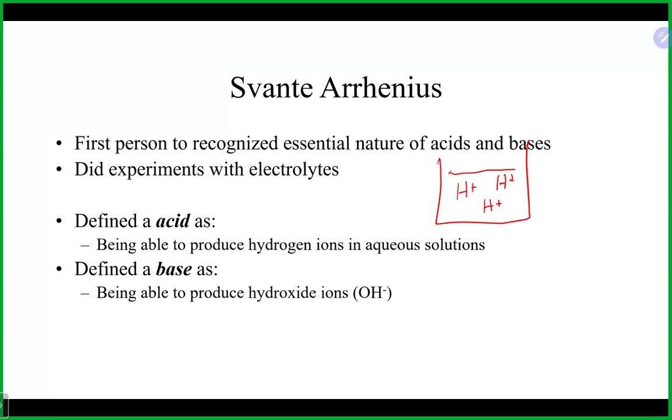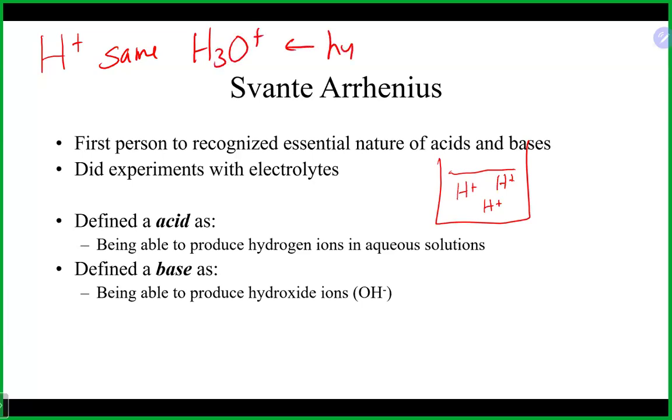Now, one of the things that's really important when you're doing acid-base chemistry is a couple of symbols or representations of acids that are used. So in acid-base chemistry, you will sometimes see H plus written. That is basically the same as another one that you commonly see, which is H3O plus.